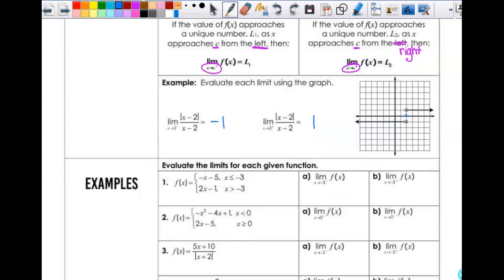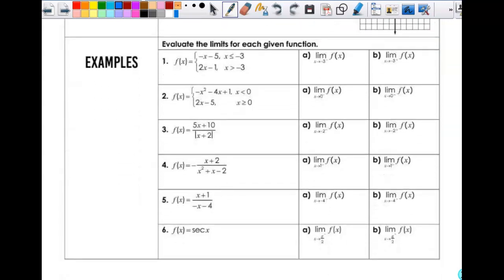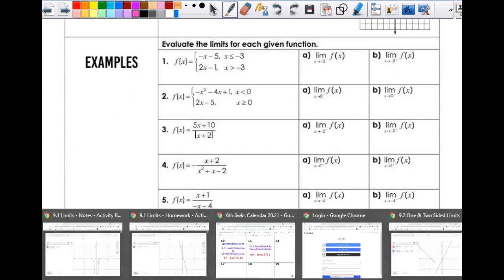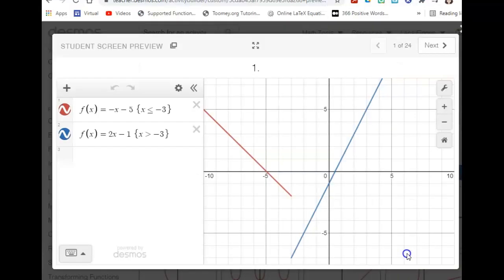All right, so let's look at how this works. We're going to evaluate the limits for each of the given functions. So this is number 1. Remember that this is the number that we're looking for. And it asks me for the limit from the left and from the right.